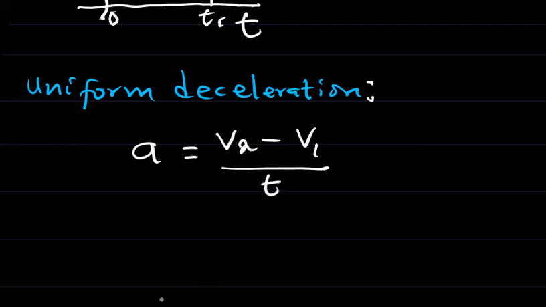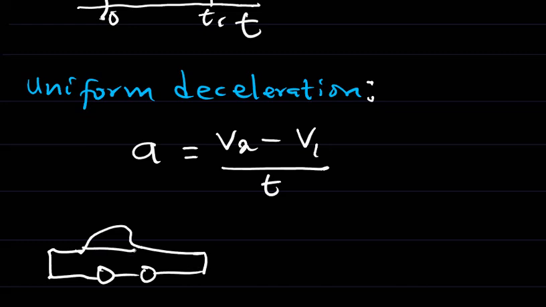All right. So that actually happens during the slowing down process. Let's say you have a car. This car needs to stop at this point. So for the car to stop, what happens? The driver will apply brake.